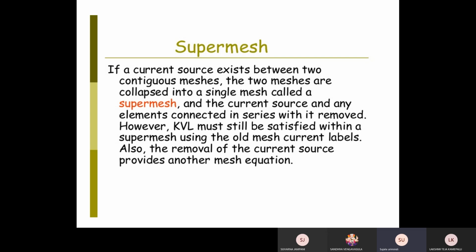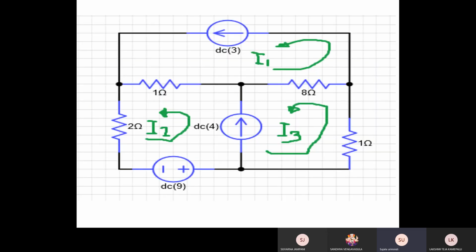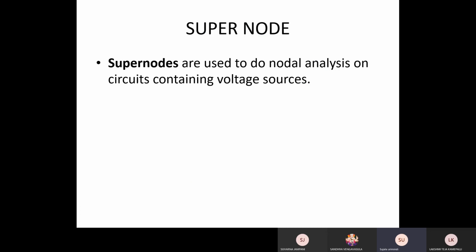That means you write down that current source separately, open that current source, draw the complete loop in one form, and then write down the equations. When there are two meshes, we write them in the form of a single mesh, and that is called super mesh analysis. Here there is a small circuit.